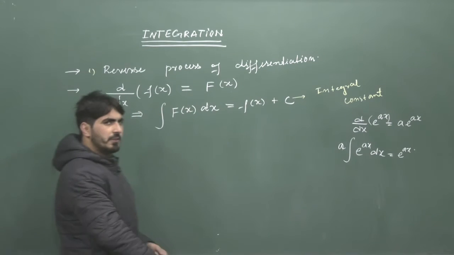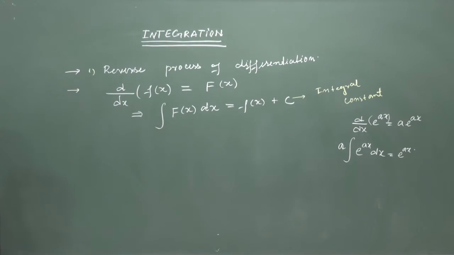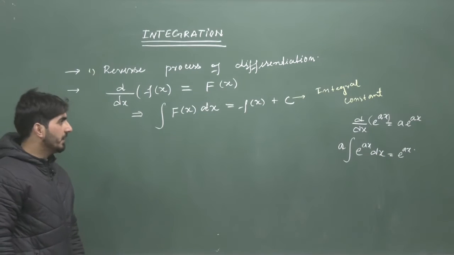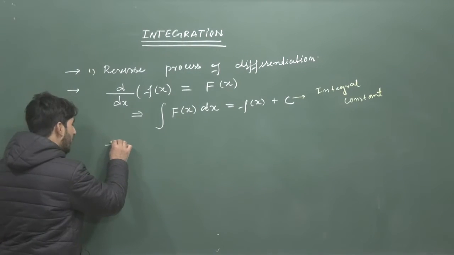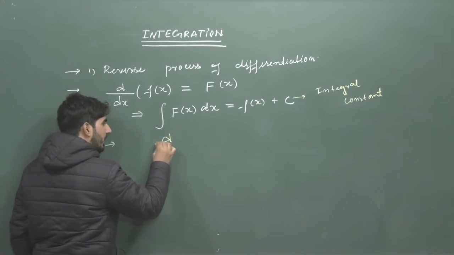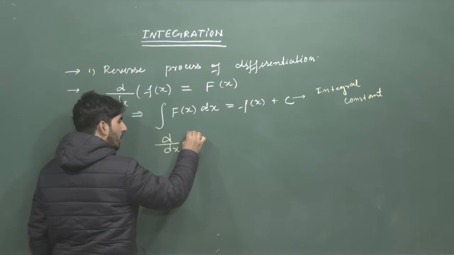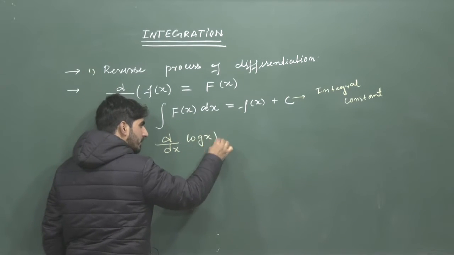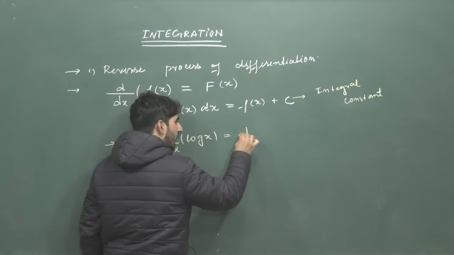So in this chapter, first we will learn standard forms of integration, and second, the geometrical meaning of integration. Also we know that differentiation of log x is 1 by x.